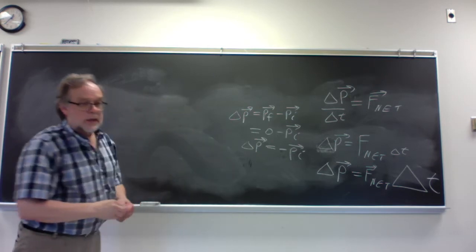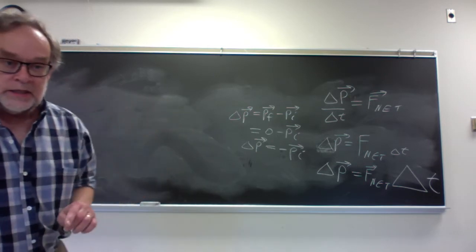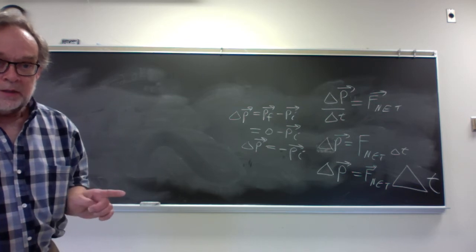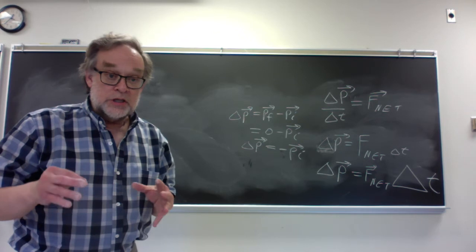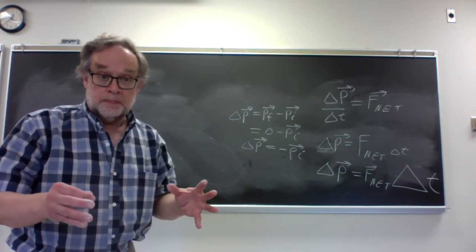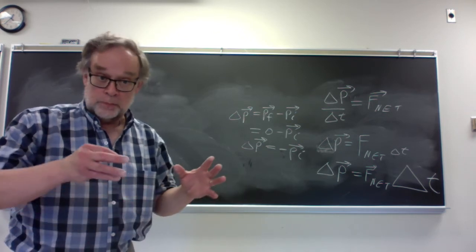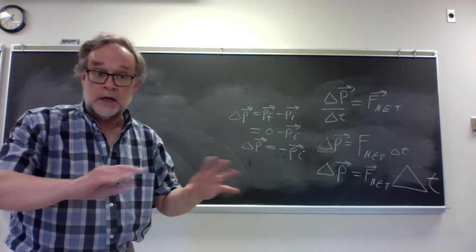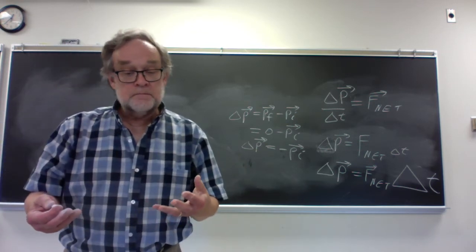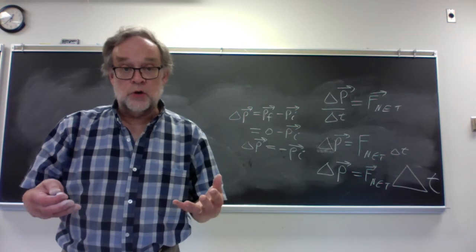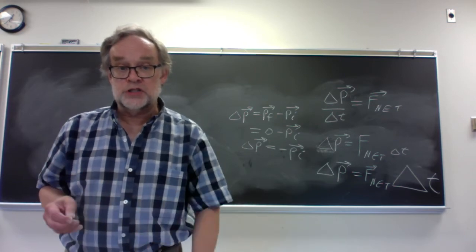And now, one more idea about the impulse momentum theorem. When some object is feeling an impulse, feeling a short, sharp shock, a force acting on it for a short period of time, sometimes we like to describe that interaction with a graph of net force versus time.